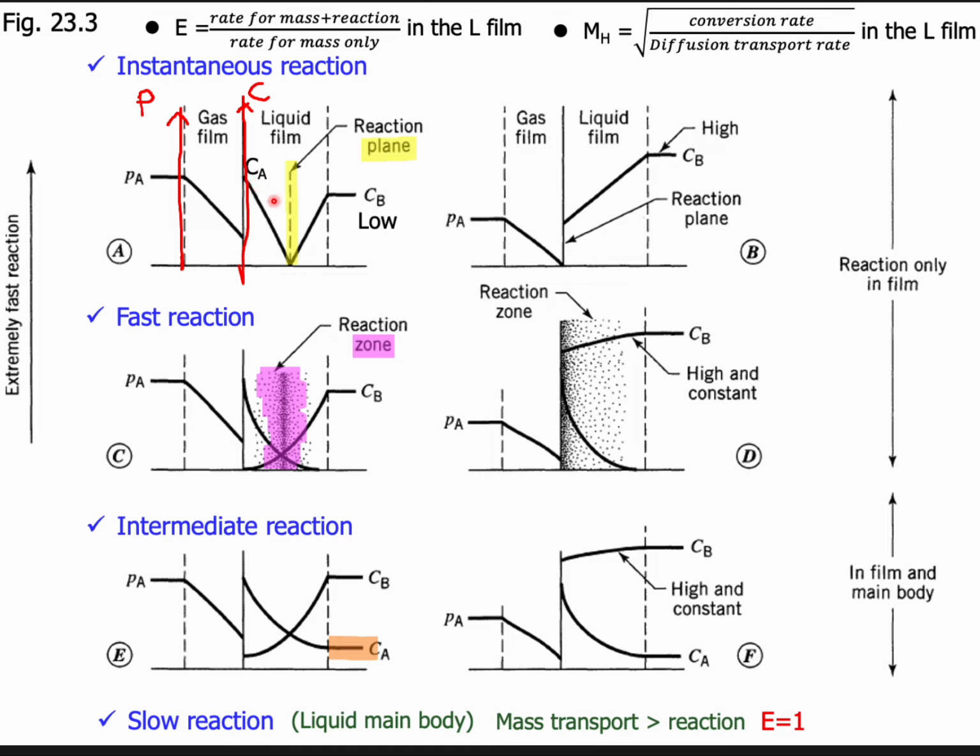So you can imagine in this case, all the chemical reaction will finish in the liquid film layer. Okay? So this can give you more of an idea about the difference between instantaneous, fast, intermediate, and slow reactions. Okay, so today we end here.